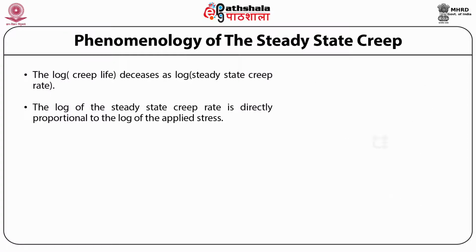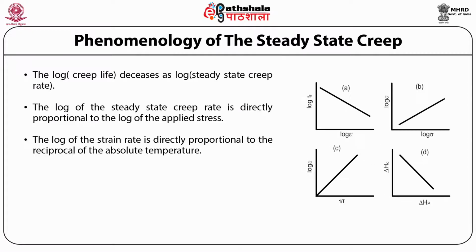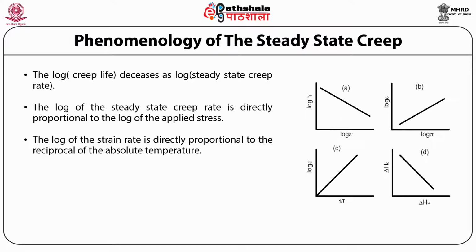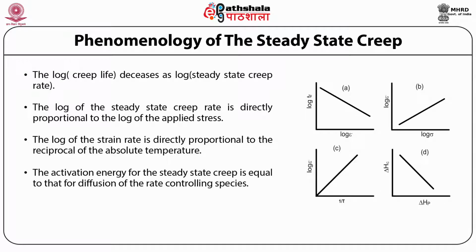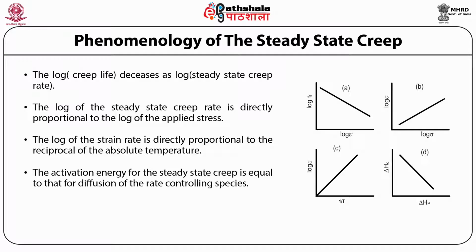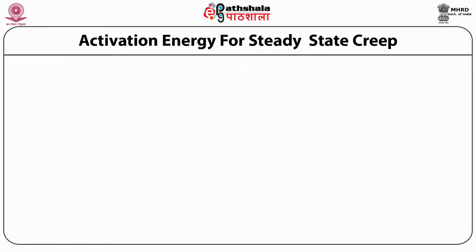The next shows the log of the strain is directly proportional to the reciprocal of the absolute temperature. And lastly, the part D shows the activation energy for the steady state creep is equal to that for diffusion of the rate controlling species.